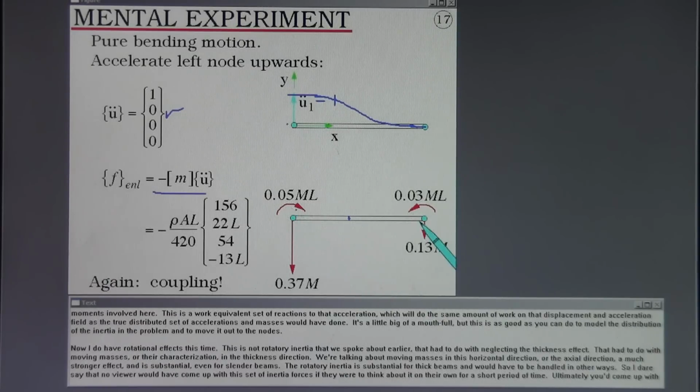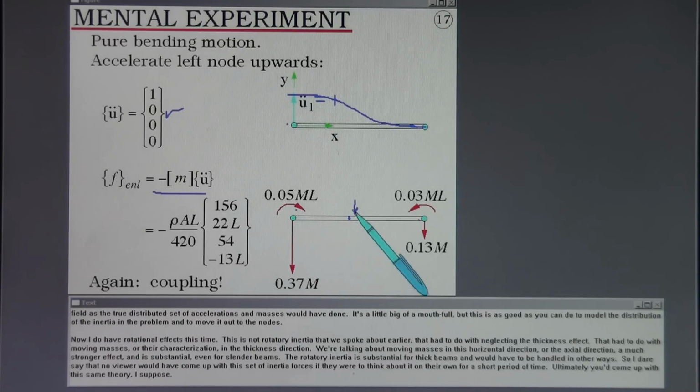Now, I do have rotational effects this time. This is not rotatory inertia that we spoke about earlier that had to do with neglecting the thickness effect. That had to do with moving masses or their characterization in the thickness direction. We're talking about moving masses in this horizontal direction or the axial direction.